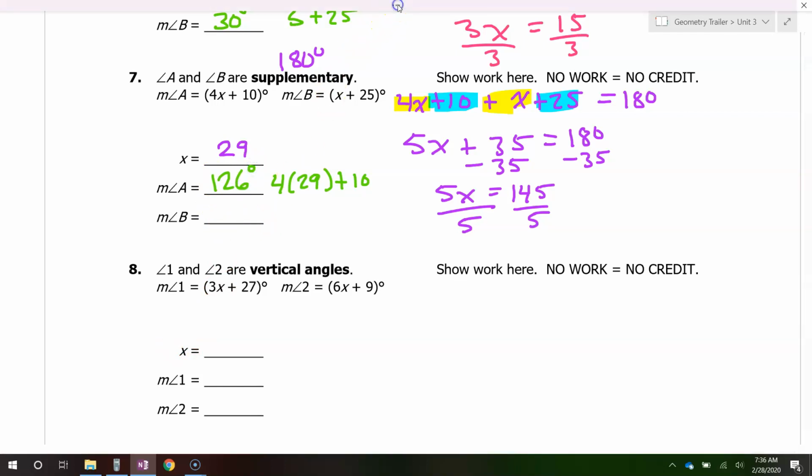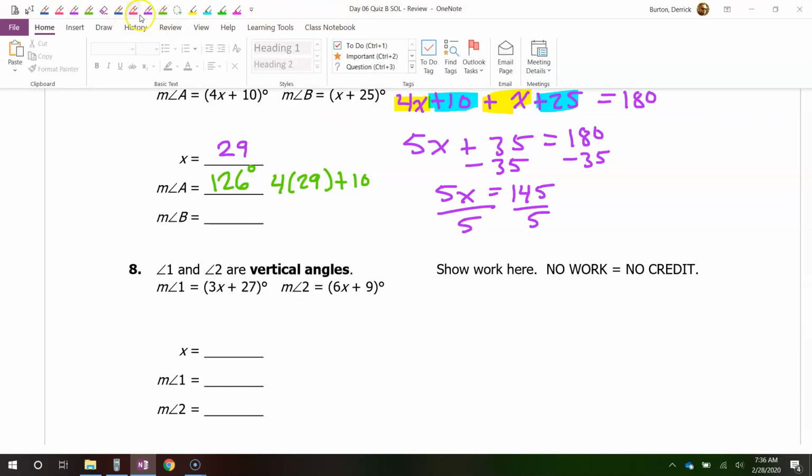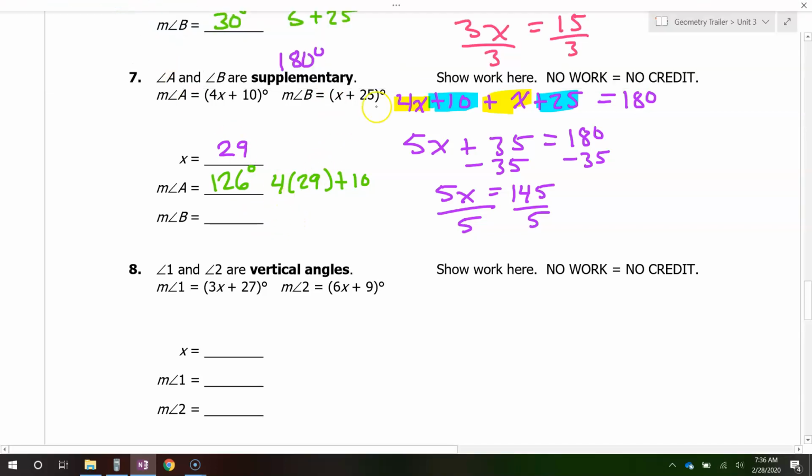All right, and then angle B. Angle B is x plus 25. So that's going to be 29 plus 25. So that's going to be 54.